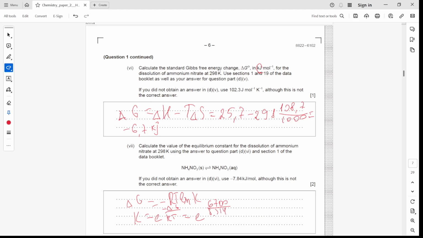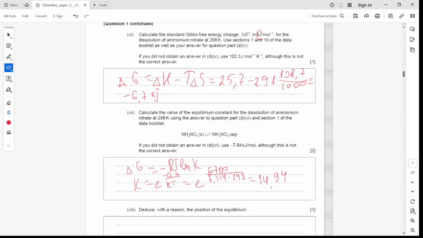This is 8.314 and this is 298, and this would be 14.94. All right.